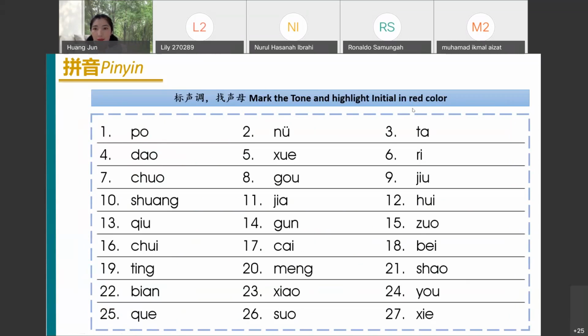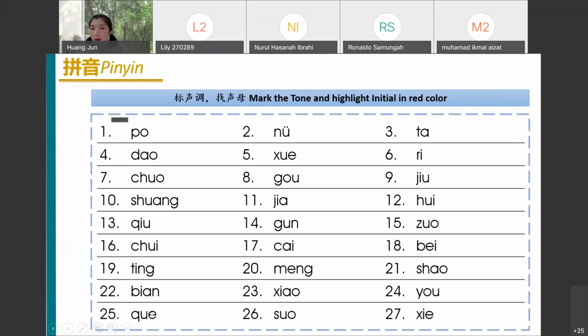Make sure you read my request clearly. Read the question clearly. You have to mark the tone on those syllables. In the first group, you put the first tone, like number 1, number 4, number 7. So all the syllables in the first group, you put a first tone above them.